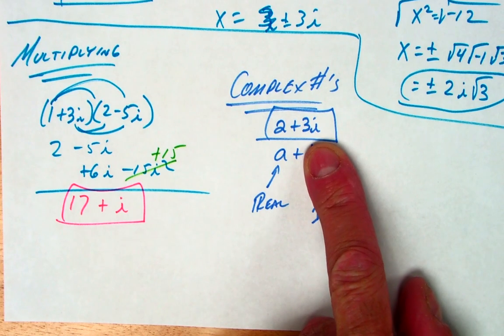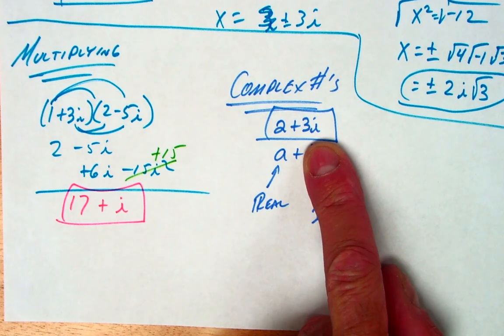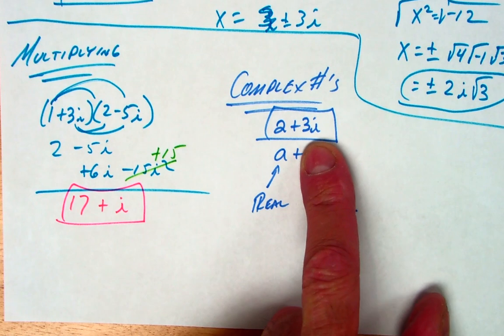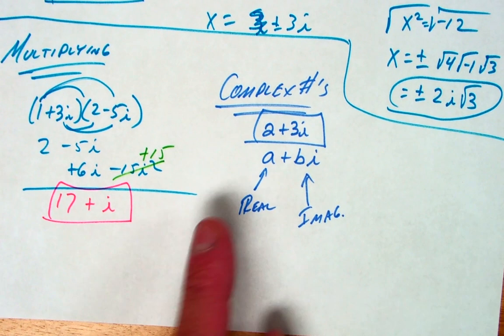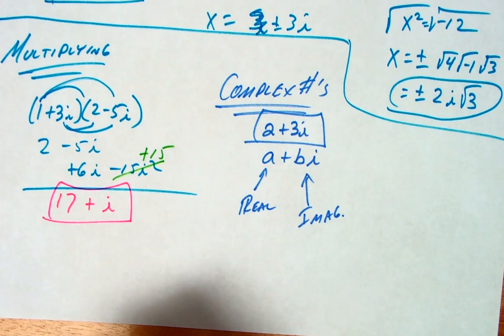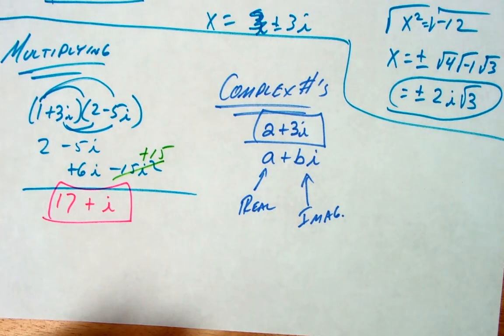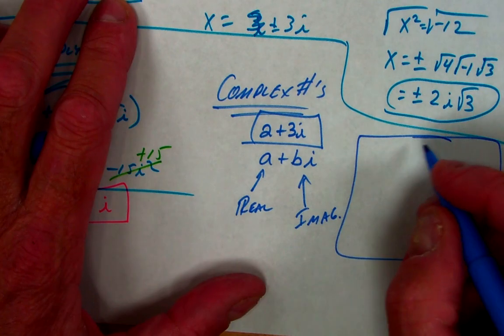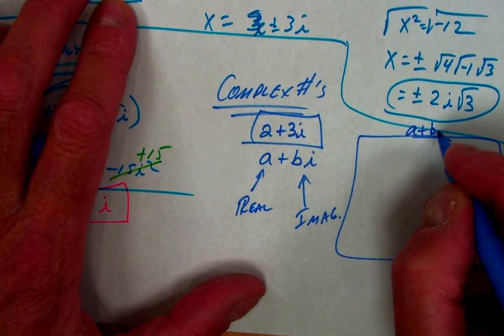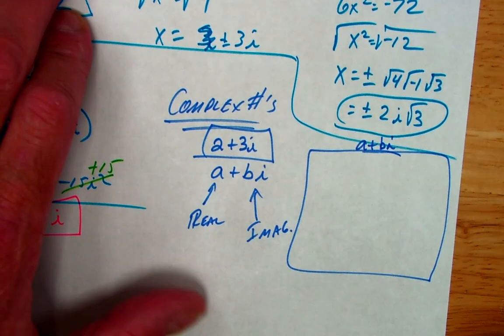Now we're telling you that it's kind of like we're in the Matrix or something. All these numbers, they're really complex numbers. So the next time somebody asks you how old are you, or when's your birthday, you can go, my birthday's on the 21st plus 0i. And you would technically be correct. So what happens is you've got all the numbers on the face of the planet, a plus bi.